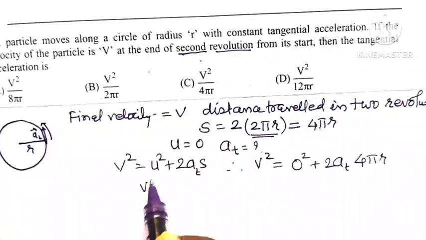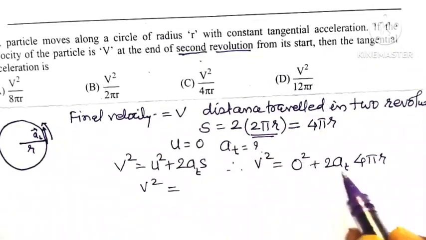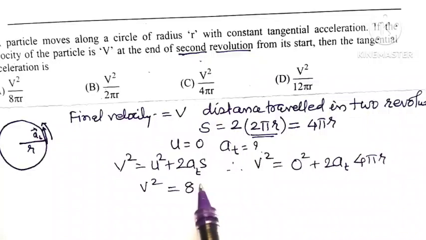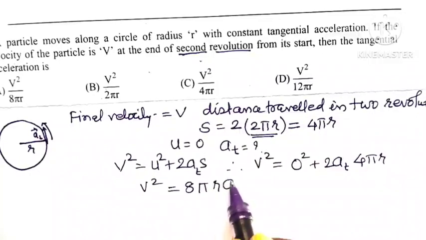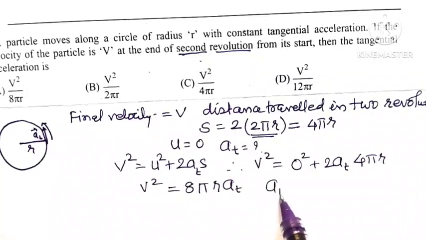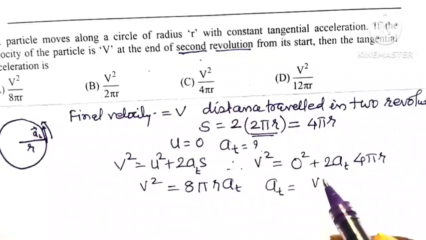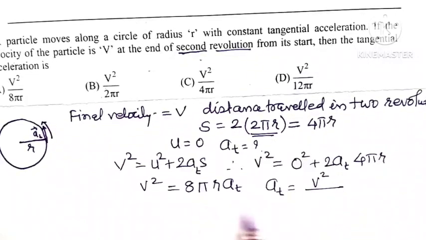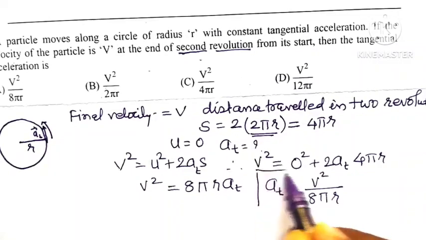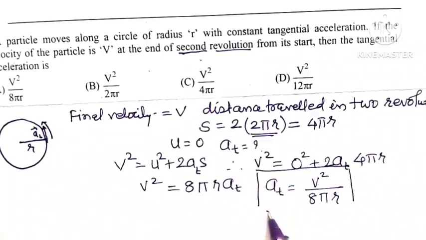So v squared is equal to 8 pi r into a_t, or tangential acceleration is equal to v squared divided by 8 pi r.